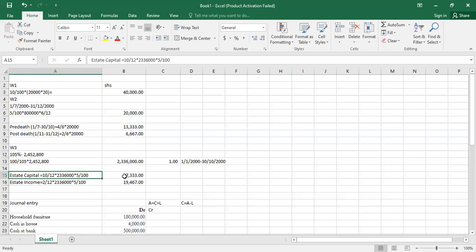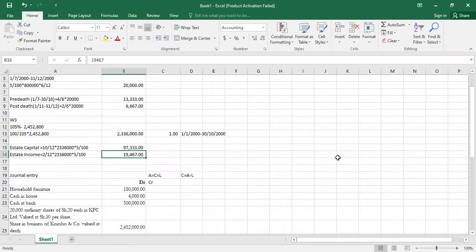And then our cash income, because this will be an income post-death, our cash income is also growing by 19,467. So again, we need to document that. So I'm supposed to debit. Let me carry this figure.